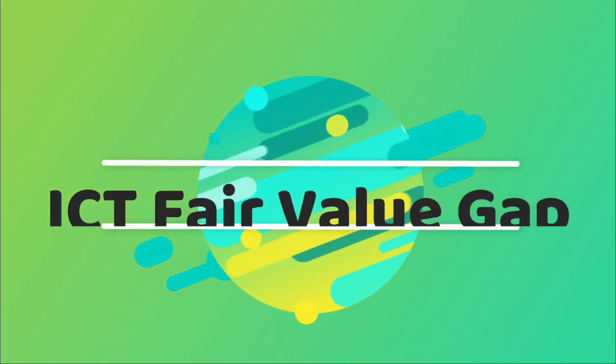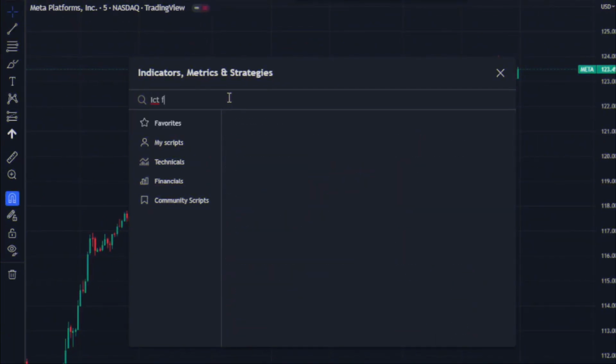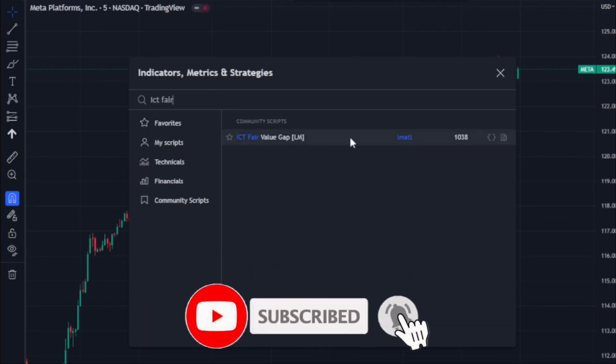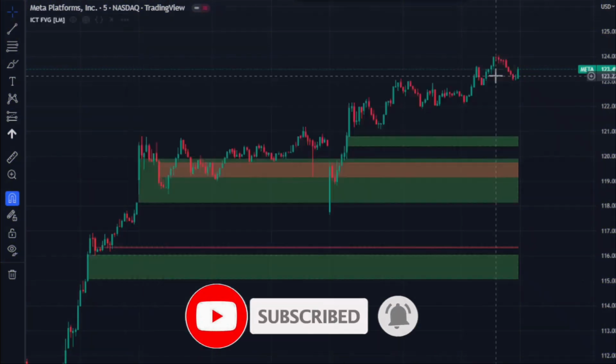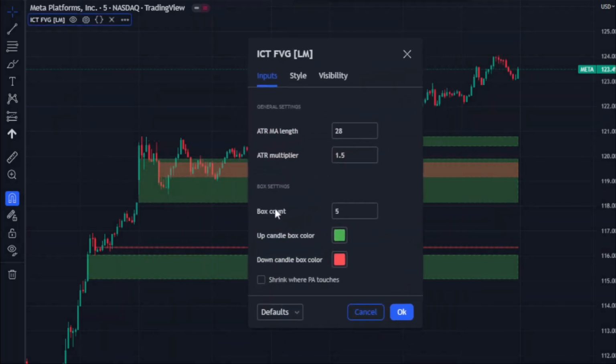Okay, now let's start with the first indicator. It is called ICT Fair Value Gap, created by LM et al. So we add it to our chart. We leave it by default, but in its configuration we can see that where it says box count, we can modify this number.